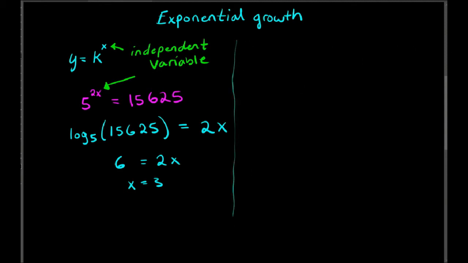Now let's look at another example. Let's say we have e to the 1.4x power is equal to 76. Alright, so e is Euler's number, which is a number that shows up in math. It's kind of like pi in that it's an irrational number.